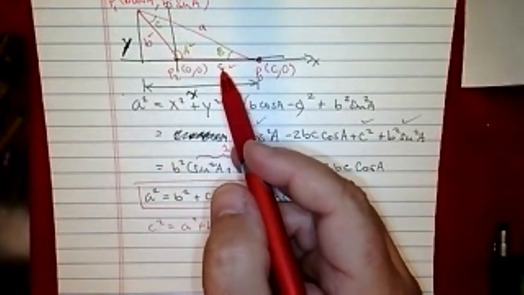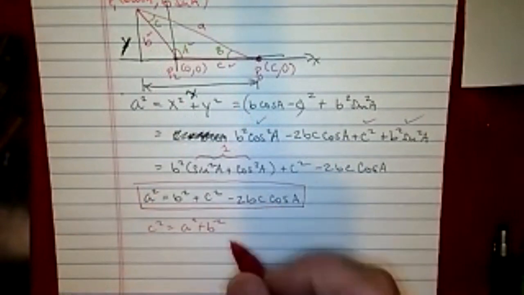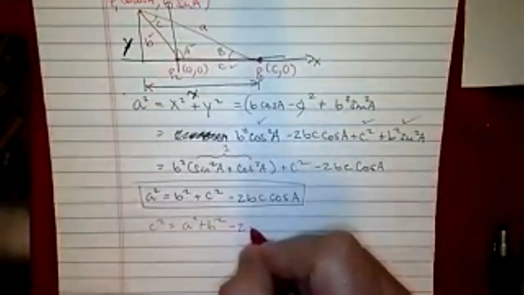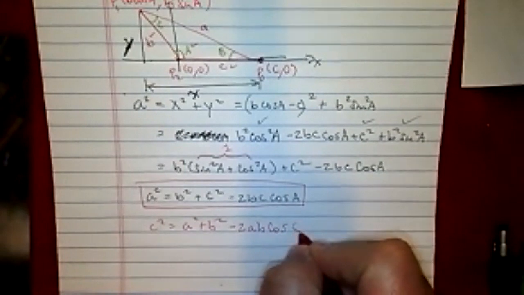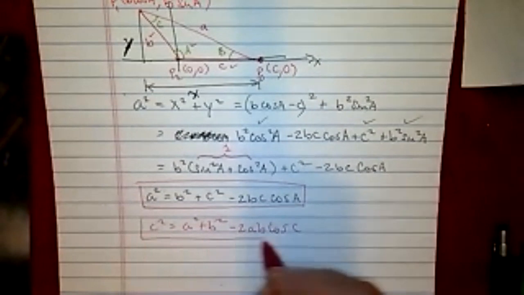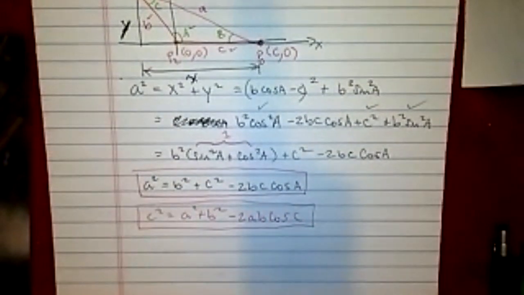So c squared is equal to a squared plus b squared. Now I'll say minus 2 times the product of the 2, which is ab, times the cosine of the angle included between them. So it'd be cosine of C. Notice this is the same sign of that. That's a good rule of thumb to help you keep your wits about you when figuring out the law of cosines.